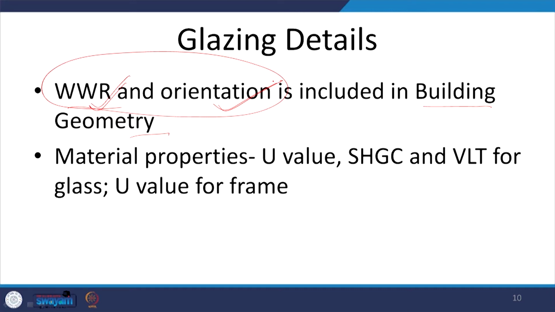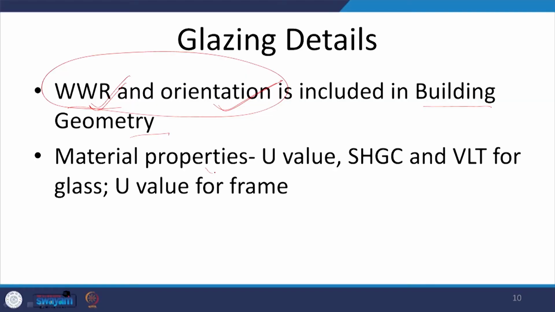In case we are going ahead for a base case, which we will gradually come to, the WWR may also be specified in the specifications while we are creating these glazings, so as to uniformly distribute it on all the sides. The next within glazing details is material properties.